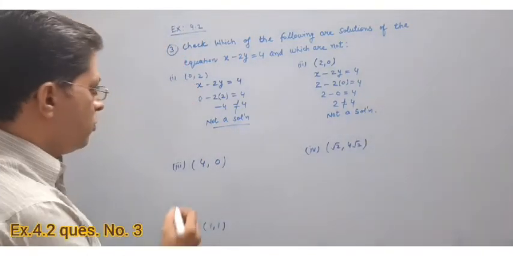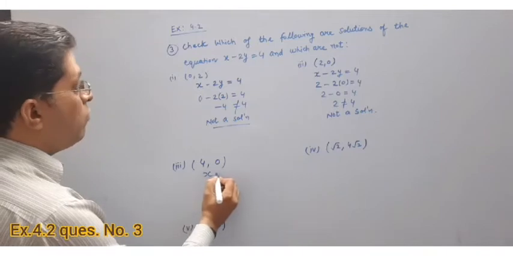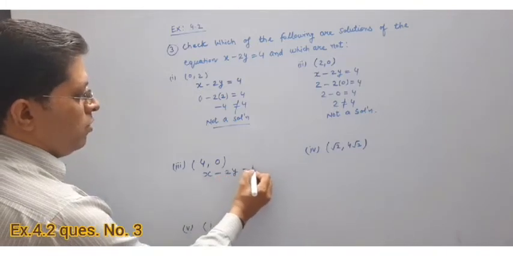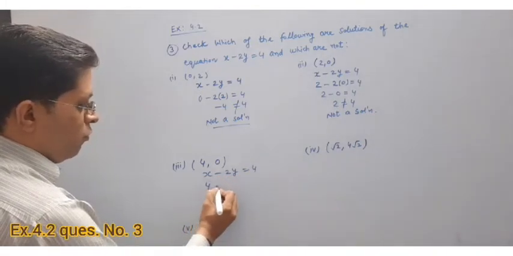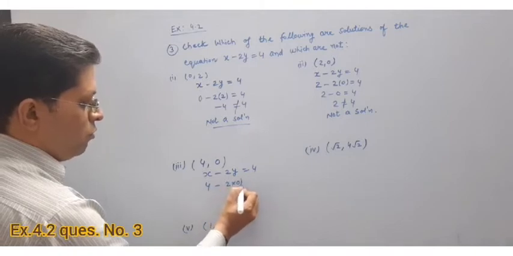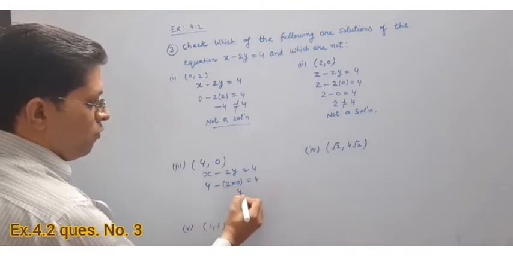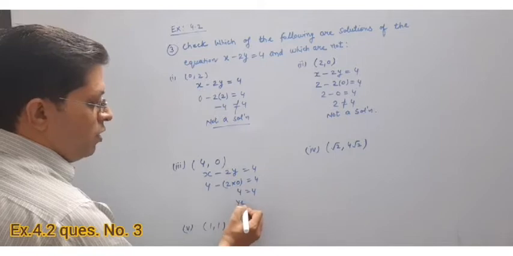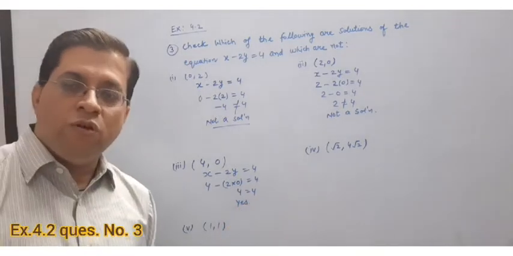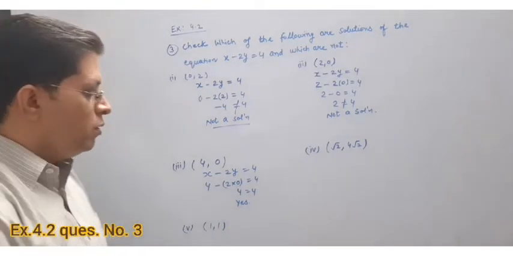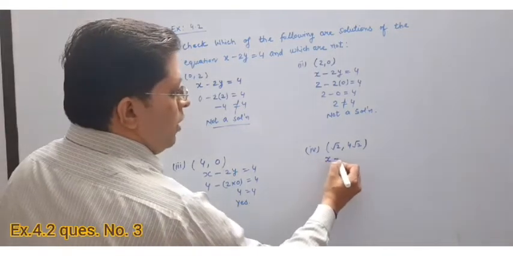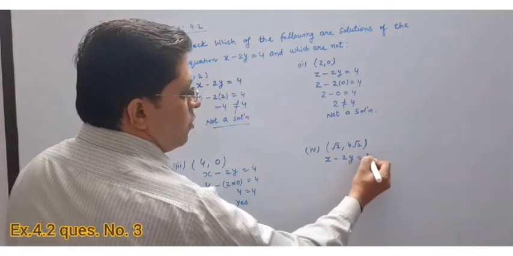Okay, come on for the third. Our equation is what? X minus 2y is equal to 4. Put values 4, 0: 4 minus 2 into 0, 4 is equal to 4. We can say yes, this is a solution of it. Come on, the next. X minus 2y is equal to 4.